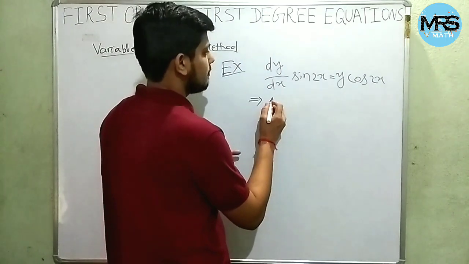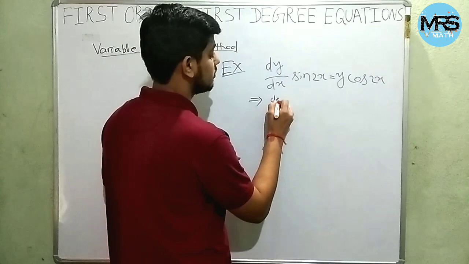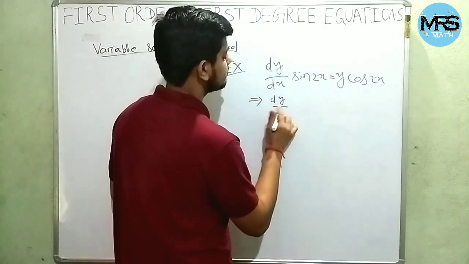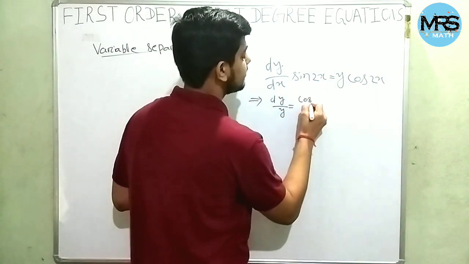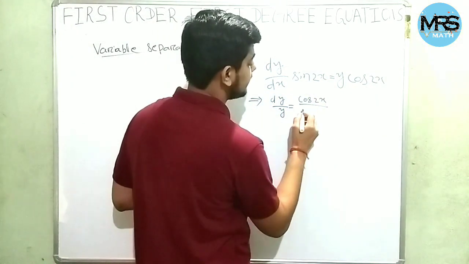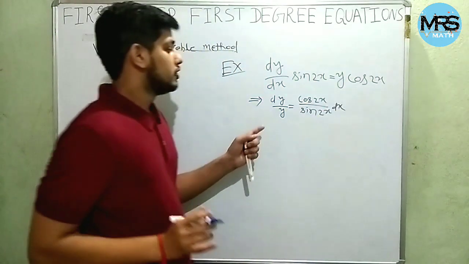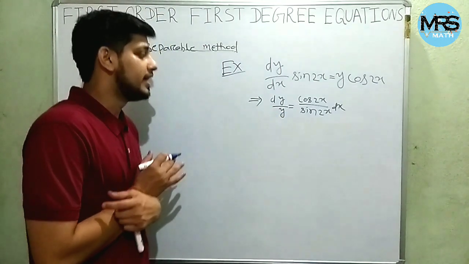So you can take y to the side of dy, giving dy by y equal to cos 2x by sin 2x into dx. Very easily we separated out the variables.